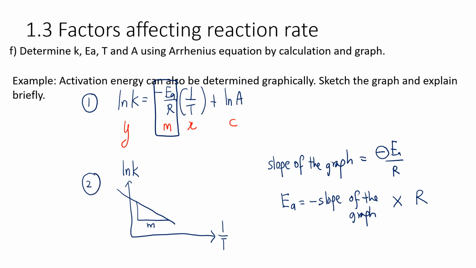And then from the graph, remember the gradient or slope of the graph is equal to negative EA over R. To find the activation energy, we just bring the negative over, becoming negative slope of the graph, multiplied by the universal gas constant.